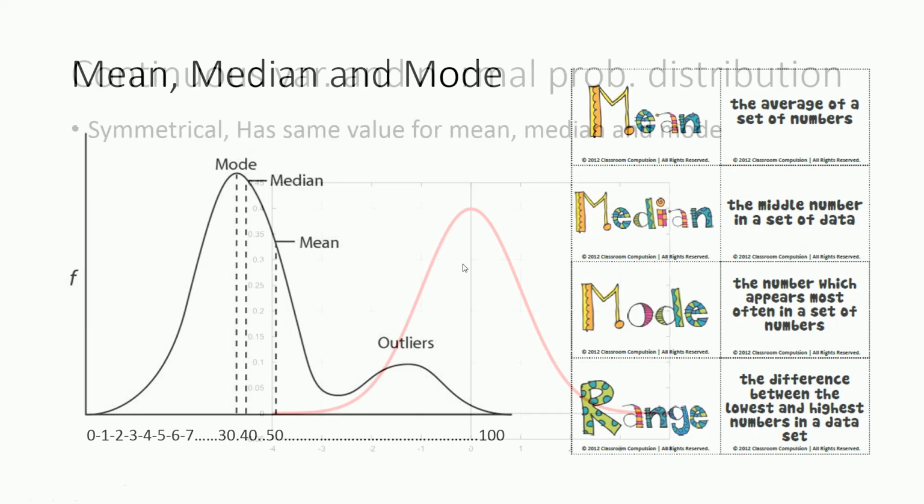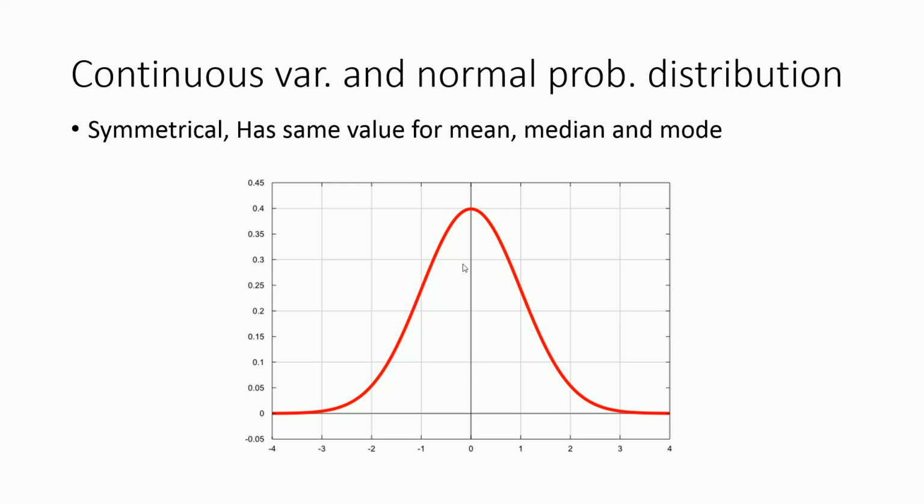Now, if we move on to the next slide, what you are seeing is basically a Gaussian graph. So this is basically, we call it in simpler terms, the normal distribution. Why is it called normal distribution? Because it's symmetrical, number one. And the other important characteristic is that the median, mean, and mode, all of them are lying in the center.